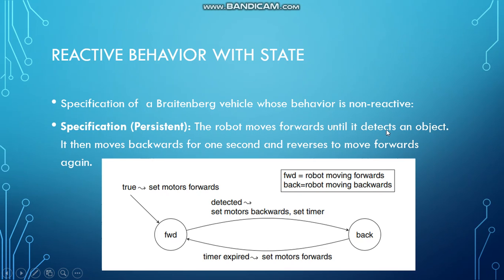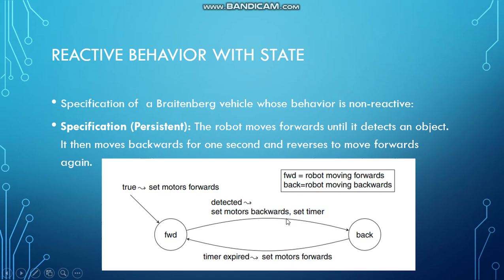In state forward, if an object is detected, the transition to state back is taken. So we transition from the forward state to the back state, and the robot moves backwards.